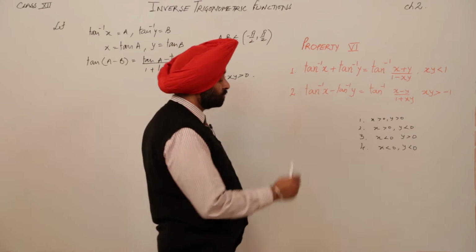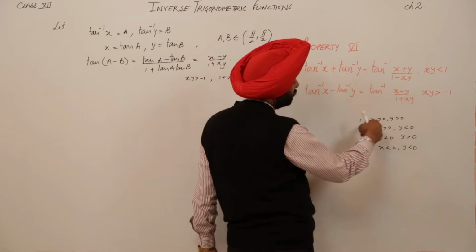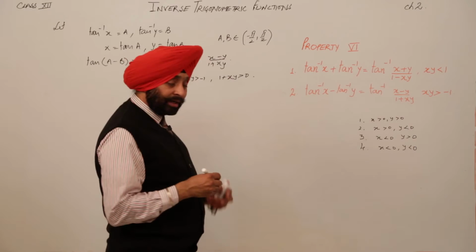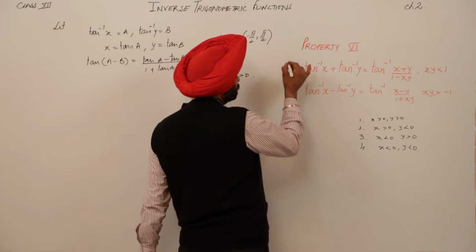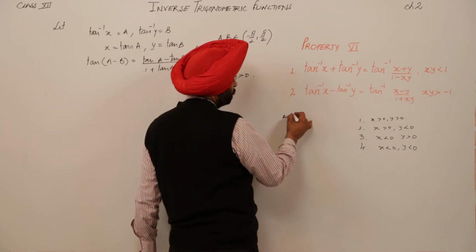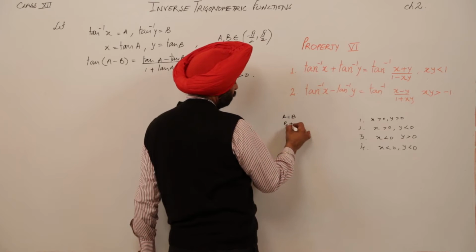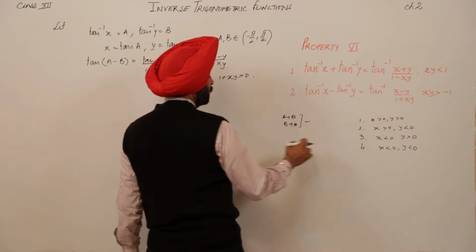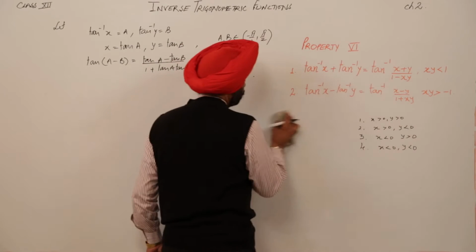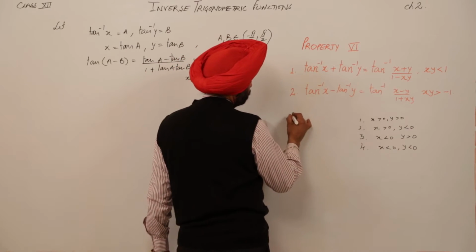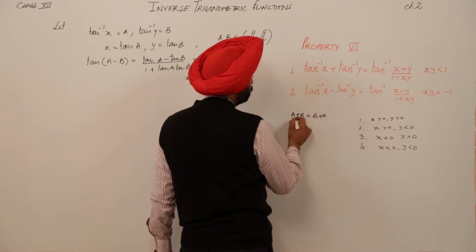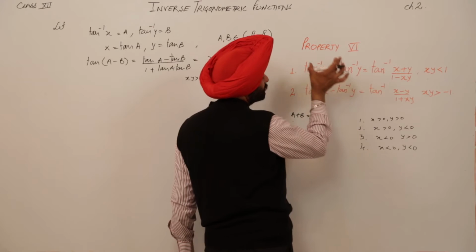Now why have I written 4 different cases? Because we have to prove it for the subtraction part, the difference part, so there will be a little bit of difference between the second and third. Earlier, in the first part, we had to add, so a plus b or b plus a was one and the same thing. We could write a plus b is equal to b plus a, so we were always using tan inverse of (x plus y).